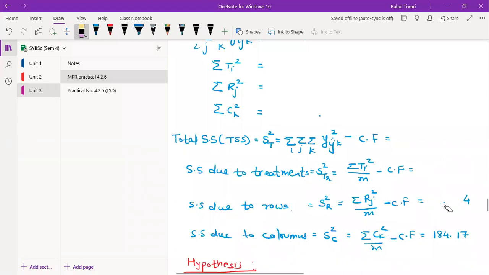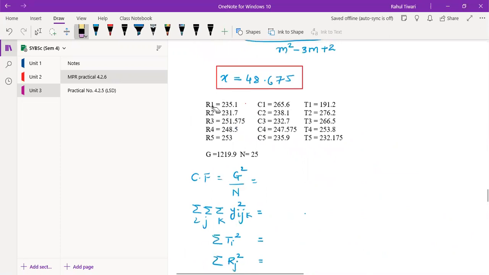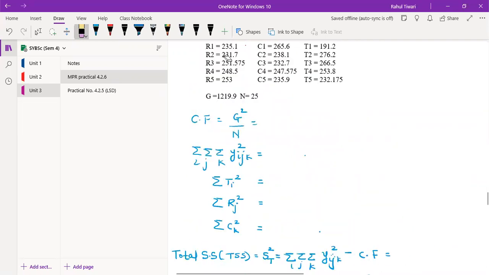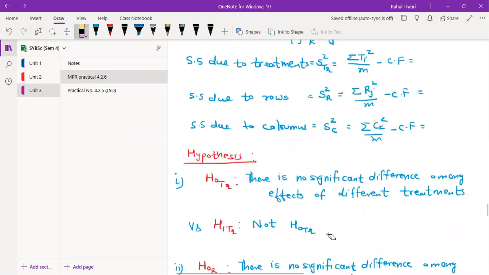And let me know the approximated answer. You can first find the correction factor according to this grand total. Then the total sum of squares, then treatment based on this T, then rows, then columns. Square all the subterms and add them up. By the time, I will edit this table.